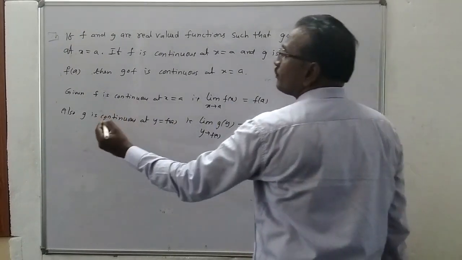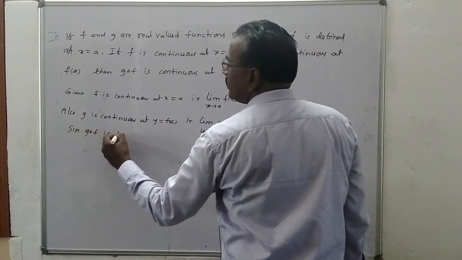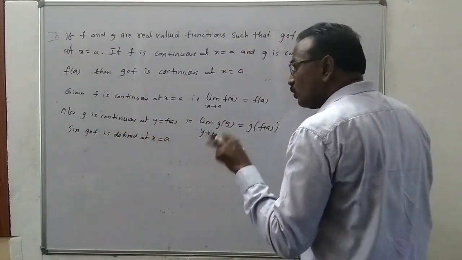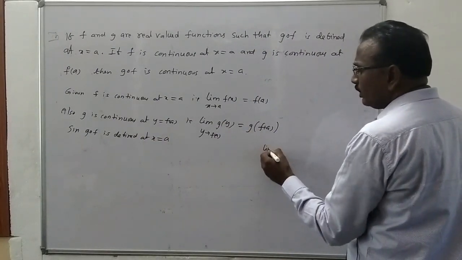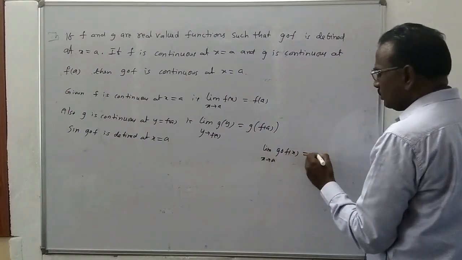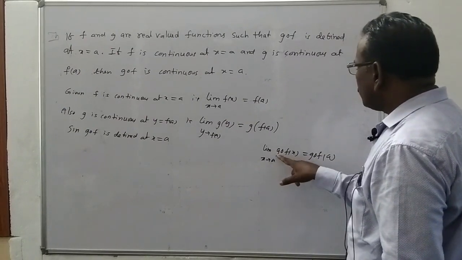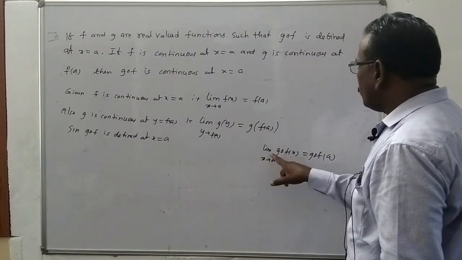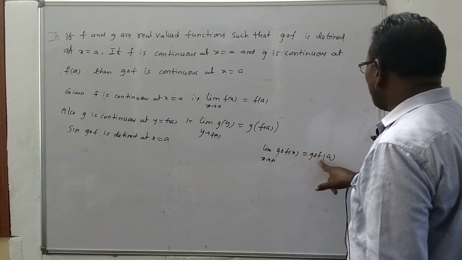Also given, since g of f is defined at x is equal to a, to prove g of f is continuous at x is equal to a means we have to prove limit g of f of x as x tends to a is equal to g of f of a. If this condition is satisfied, the composite function g of f is continuous at x is equal to a.